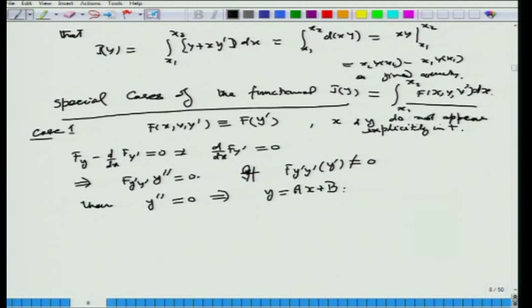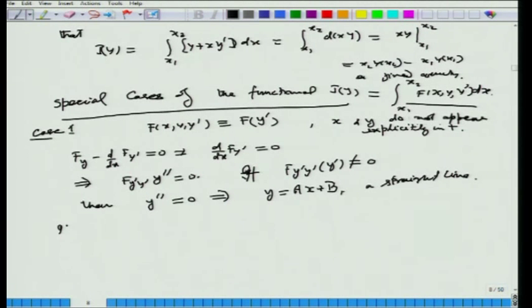So, we get a straight line as extremal, and so here we get a family of straight lines for different values of a and b, and these a and b are to be determined by the given conditions. So, here the extremal is a straight line if this f_y prime y prime is not equal to 0.